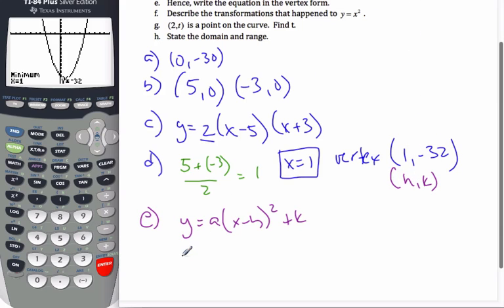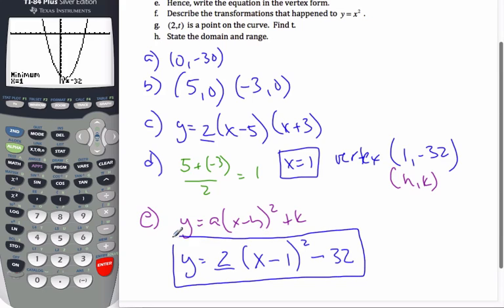So if I plug these values in as y is equal to something, we'll talk about a in a moment, (x - 1)^2 - 32, change of sign for h. The k stays the same. The a value is the same as what was in factored form and the same as what it was in standard form, which is 2. So here is the vertex form of the equation.